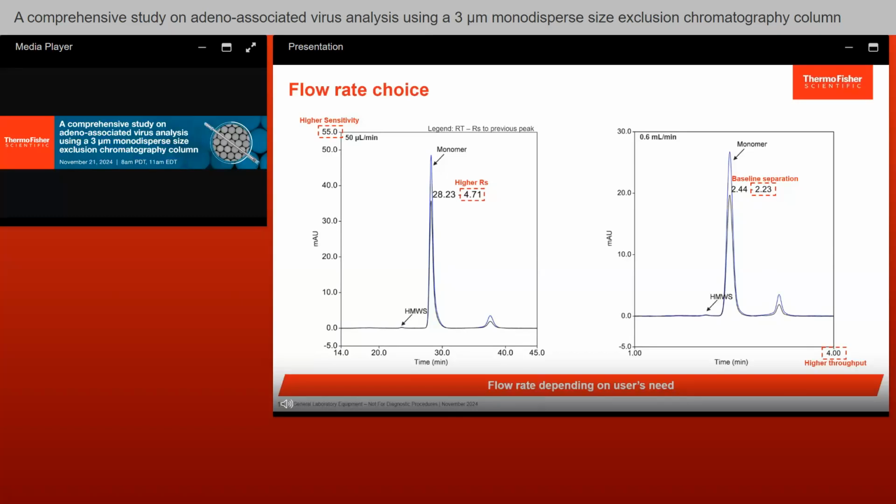If we use a faster flow rate of 0.6 mL per minute here, we can see the separation is reduced to only 4 minutes instead of 40 minutes. Although the resolution is sacrificed a little bit, 2.23 is still baseline separated. So if you're in a fast-paced environment like a QC lab, you can use a flow rate for a very high throughput method.